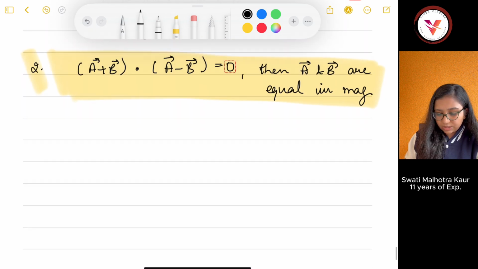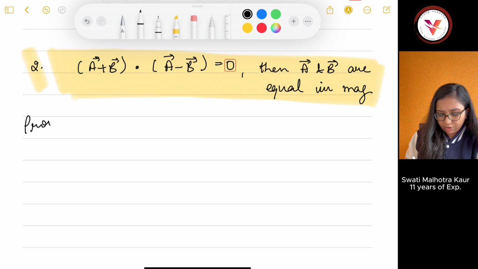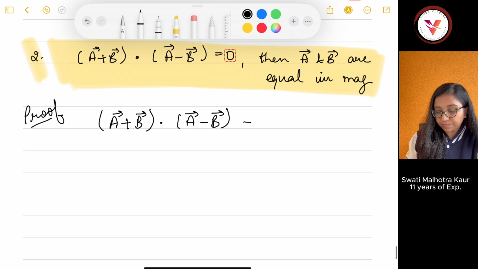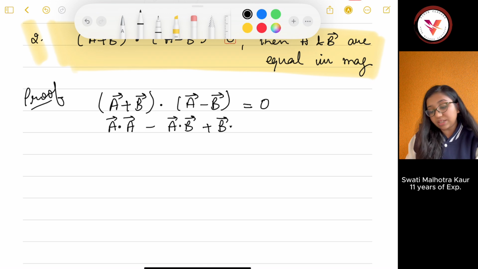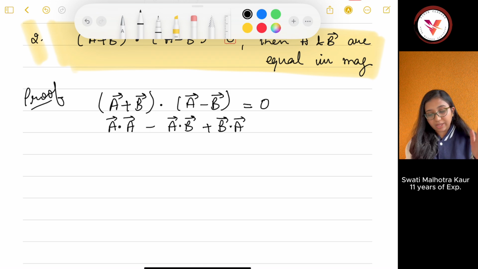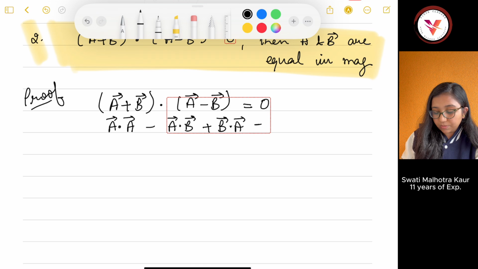Okay, so for this, if we check the proof, we already have a dot product, so you don't need to square it. You can simply start with the distributive property: A plus B vector dot product of A minus B vector, and that is equal to 0. So take a dot product, that is A dot A, then minus A dot B, then plus B dot A, and you can see this minus A dot B and plus B dot A cancel each other, then minus B dot B equals 0.